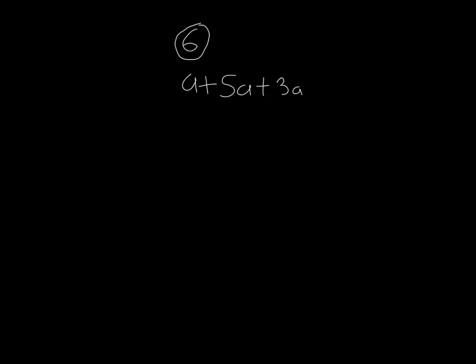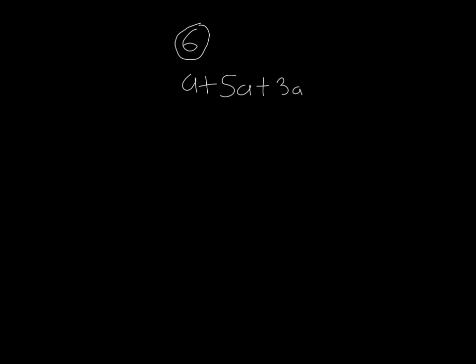For question 6, we are asked to add up each of these terms. And as we can see, each term has the same variable being the letter a, meaning that we can add up these terms without there being a problem.